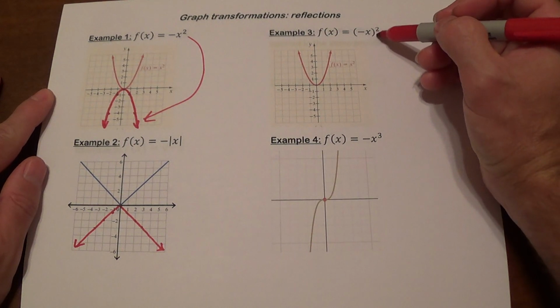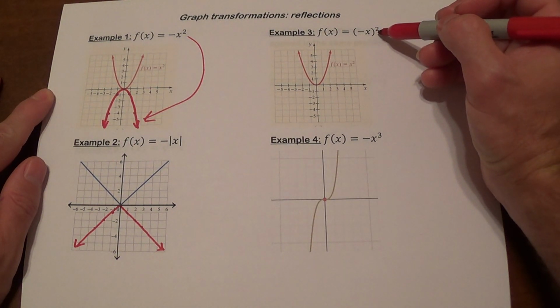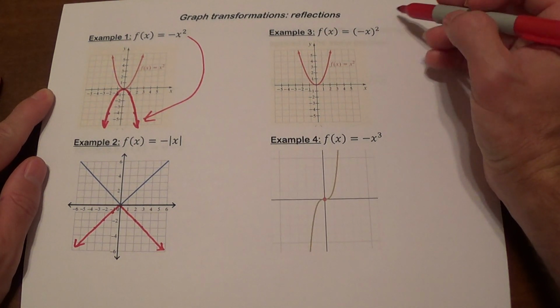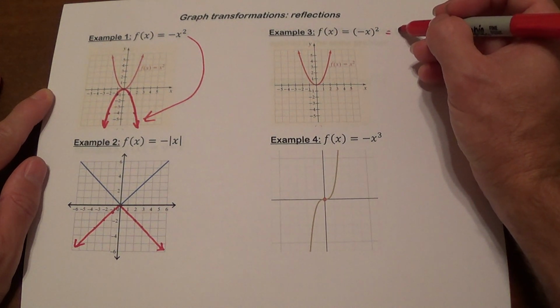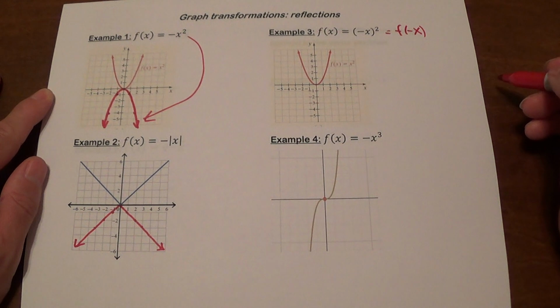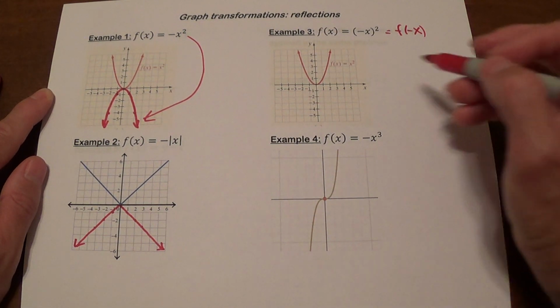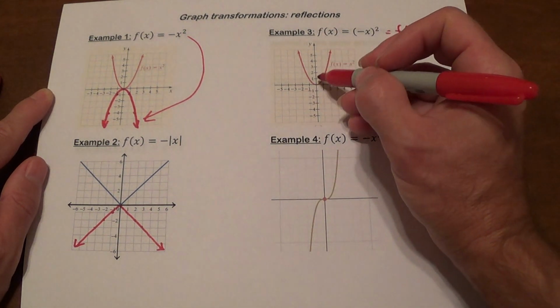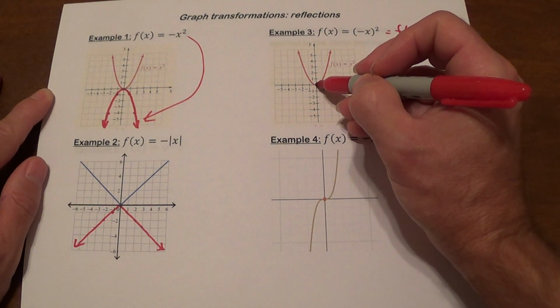For example 3, you're negating x inside of the x squared. So what you have here is basically f of negative x. So that would be reflecting about the y-axis. But here's an interesting thing about this graph. It is symmetric about the y-axis. So the point that's on the y-axis stays.